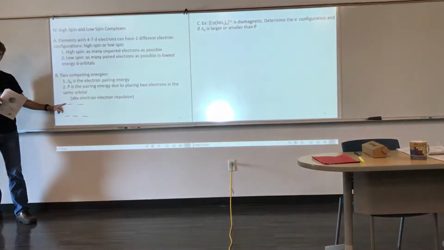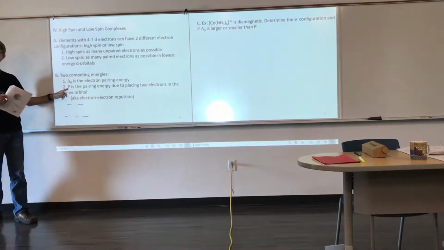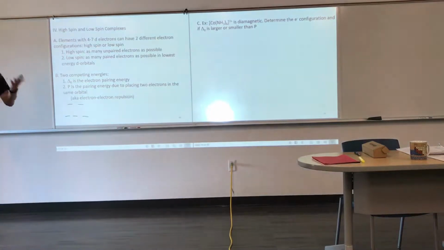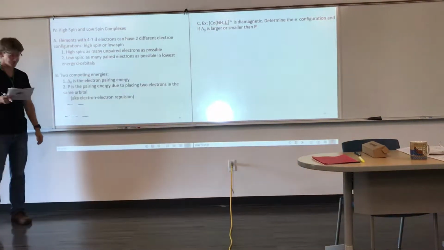Therefore, to put an electron up here is higher energy. To pair electrons in the lower orbitals, there is the P, the pairing energy. That is an energy associated with pairing. The electrons always go to the lowest energy place, and we can sometimes tell which is lower energy by where the electrons go.